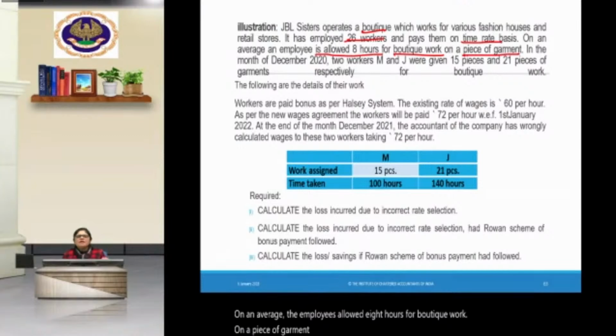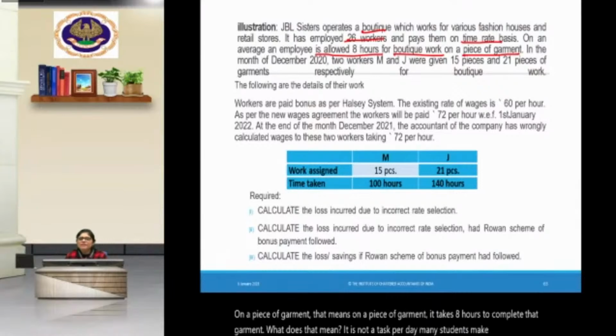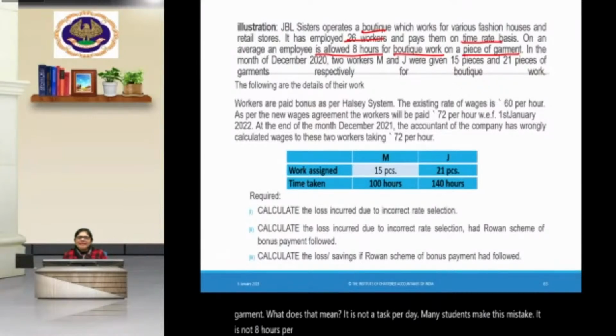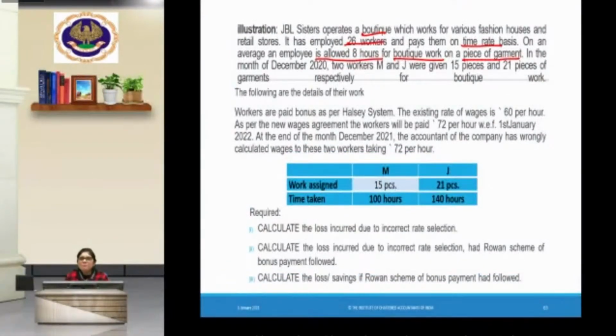That means on a piece of garment, it takes 8 hours to complete that garment. It is not 8 hours per day. Many students make this mistake. It is 8 hours it takes to complete one garment, because it's a boutique. A fashion store. So it takes 8 hours to complete one piece of garment.